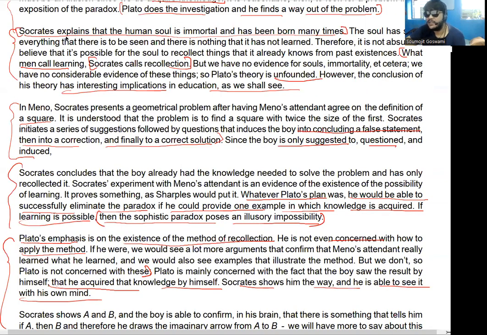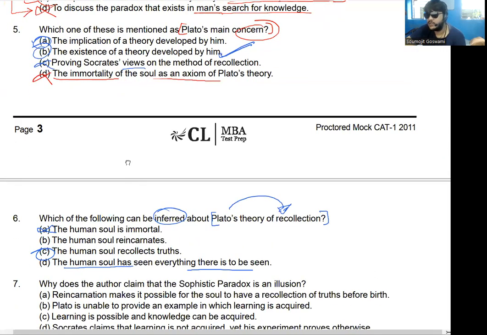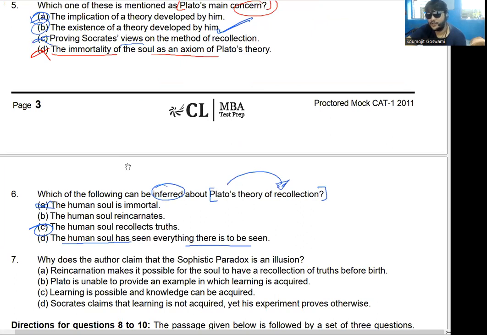Yeah, so it was Socrates that says that human soul is immortal and has seen many things. So if the human soul is immortal, which also means that it has seen this passage also, I can say that with that, C could be my answer.